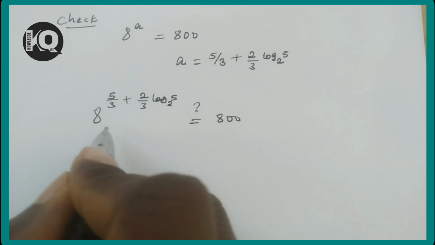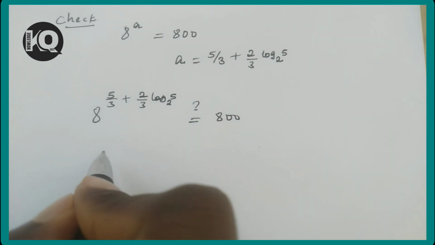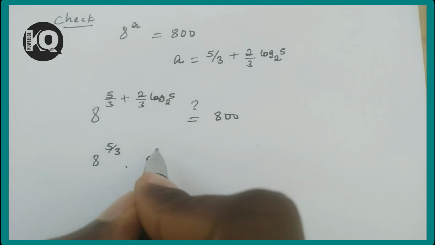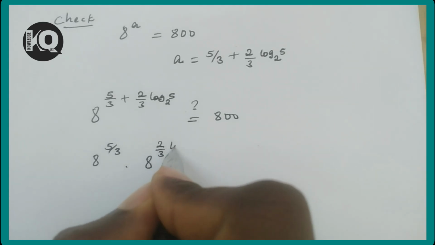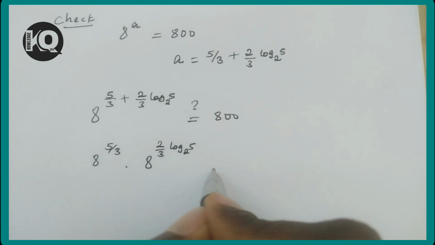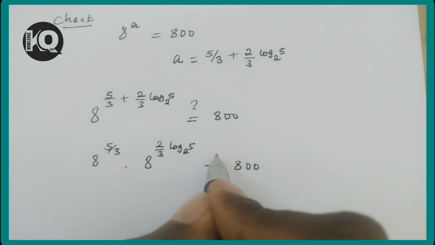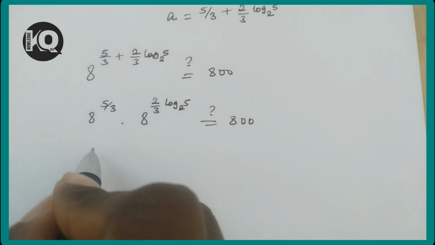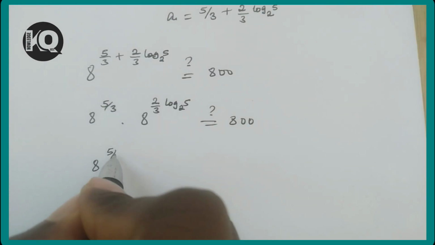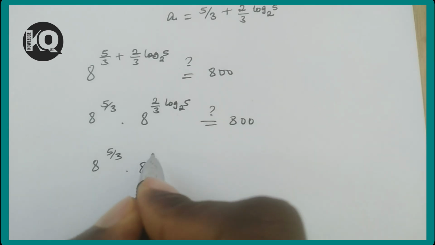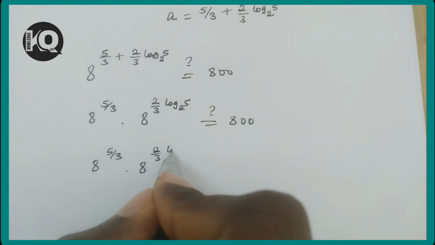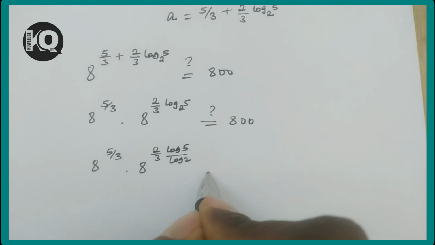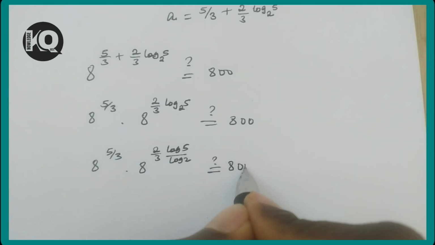It can be written as 8 to the power of 5 over 3 times 8 to the power of 2 over 3 log of 5 over log of 2.